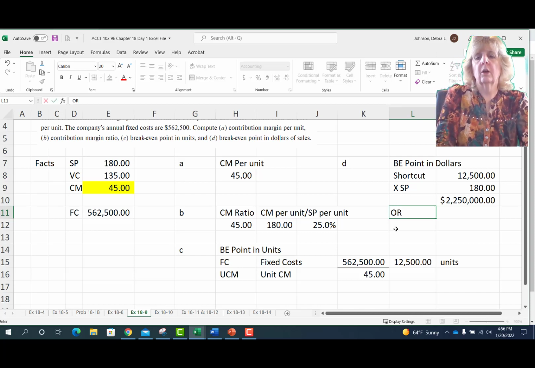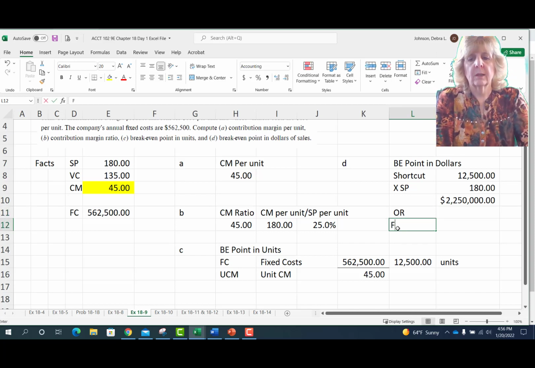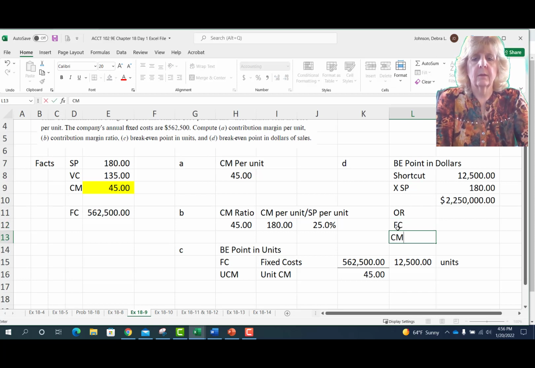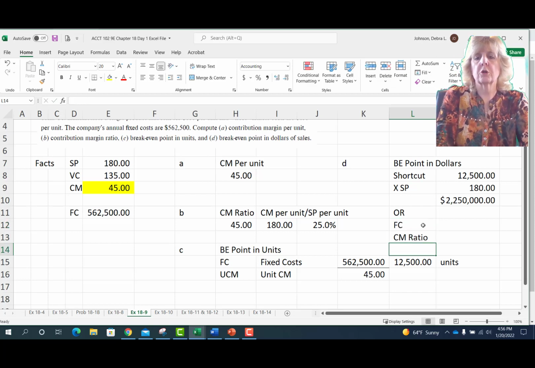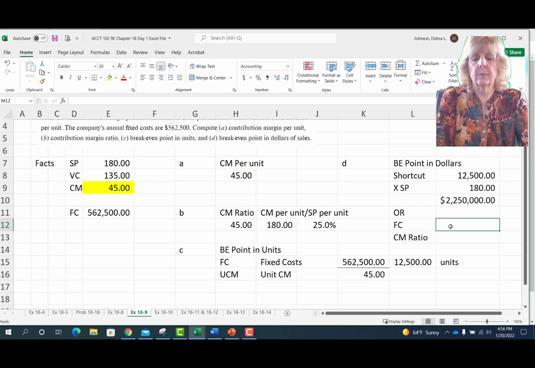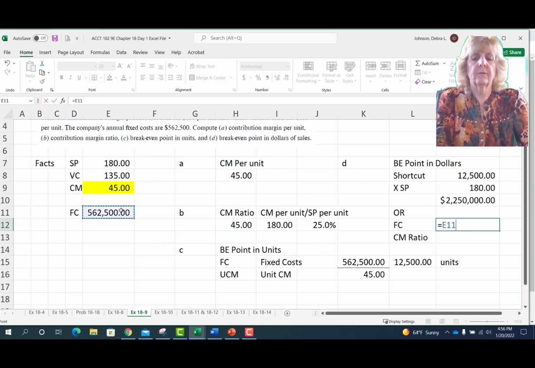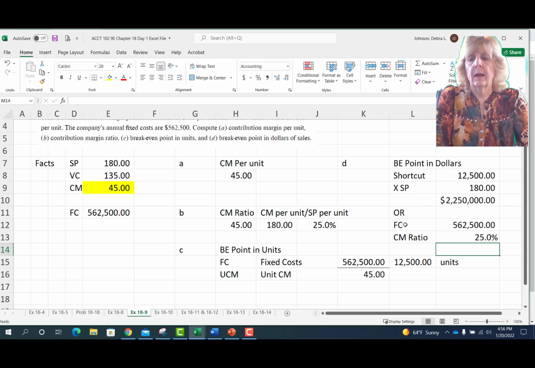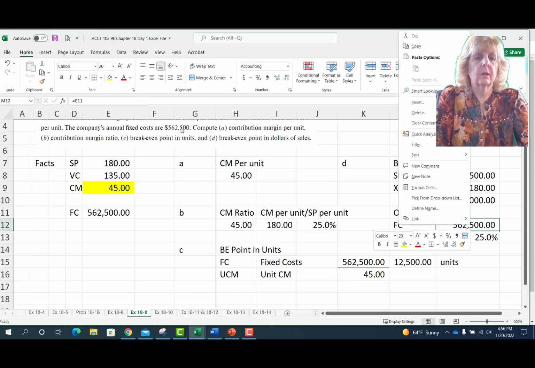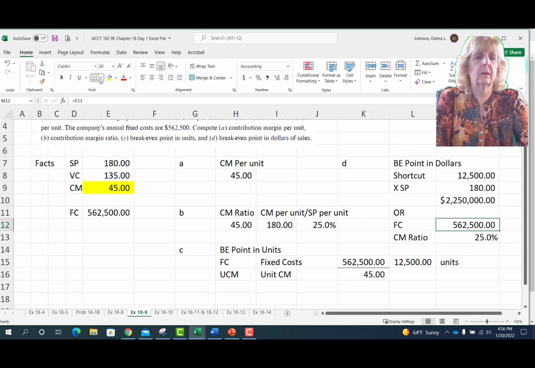Or you can use the author's formula, which says take the fixed costs and divide by the contribution margin ratio. So I'll demonstrate that the two answers will be the same by taking those fixed costs and dividing by the contribution margin ratio from letter B. And when we carry out the arithmetic, let me put a divider line in there.